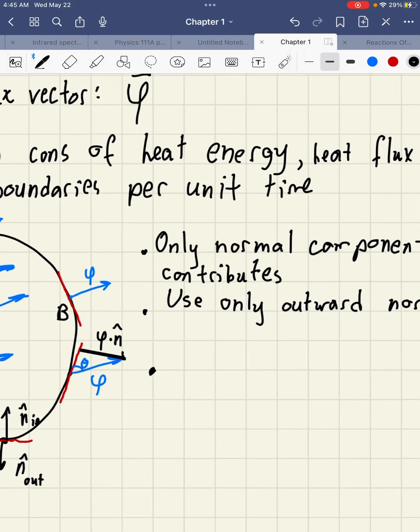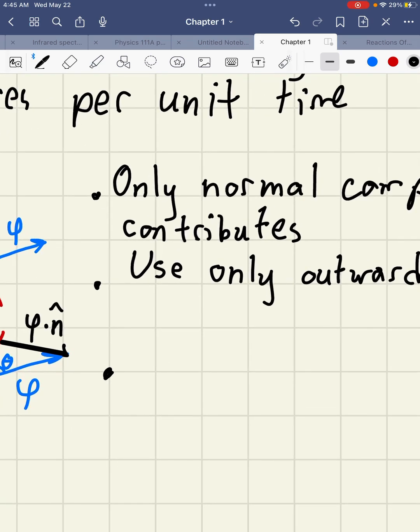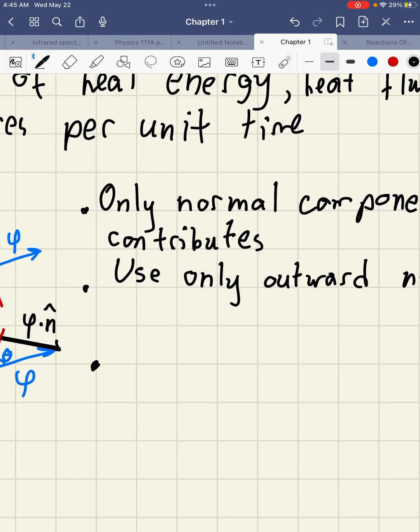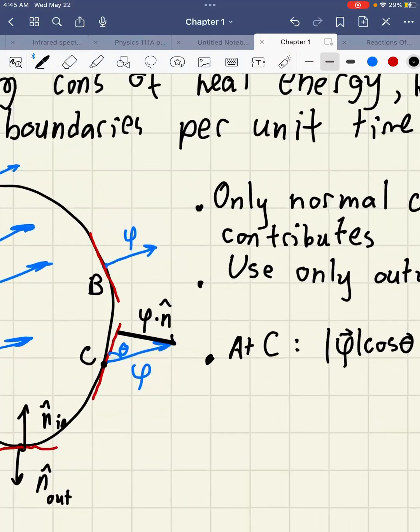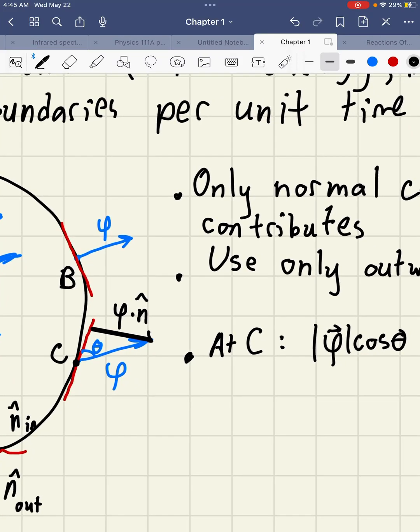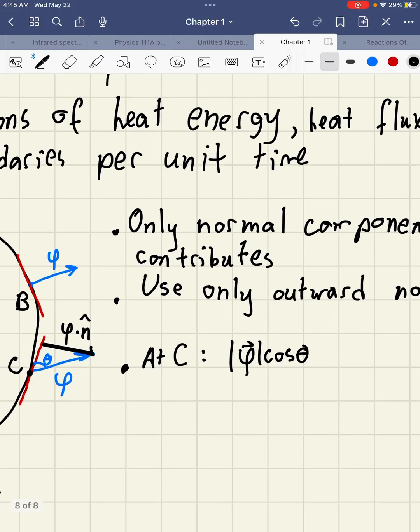Now, at this point, let me call it C. At point C, the outward normal vector has just the cosine component, the magnitude of phi and the normal vector.